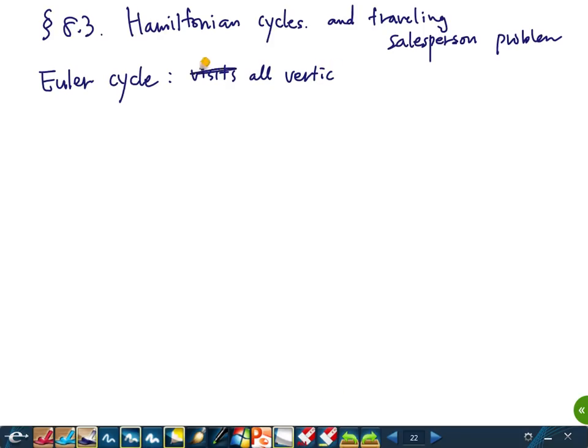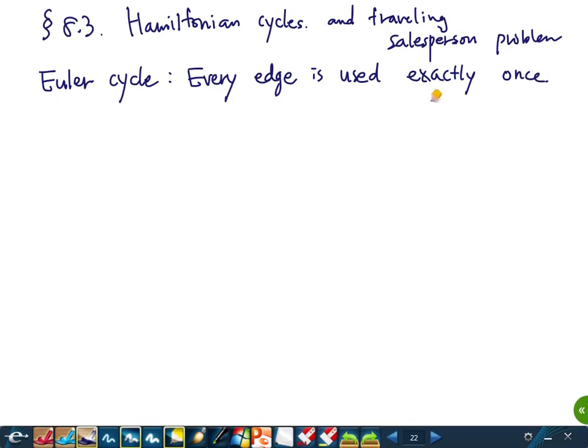But let me just erase this part. I'm going to tell you just one property of this. The crucial fact is that every edge is used exactly once. So it's a cycle that uses every edge exactly once.